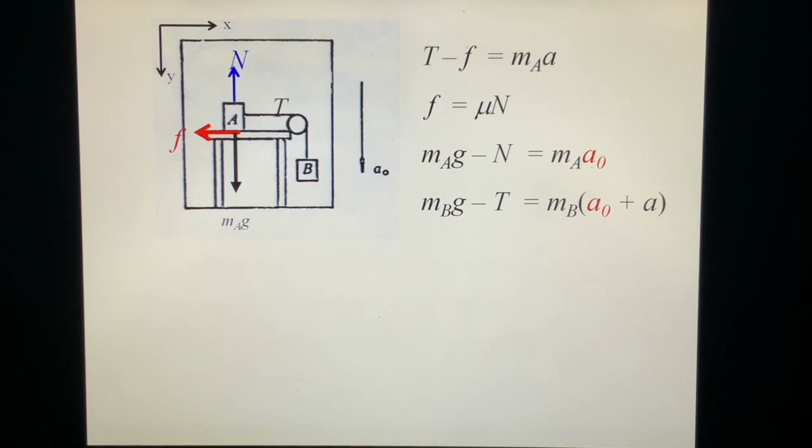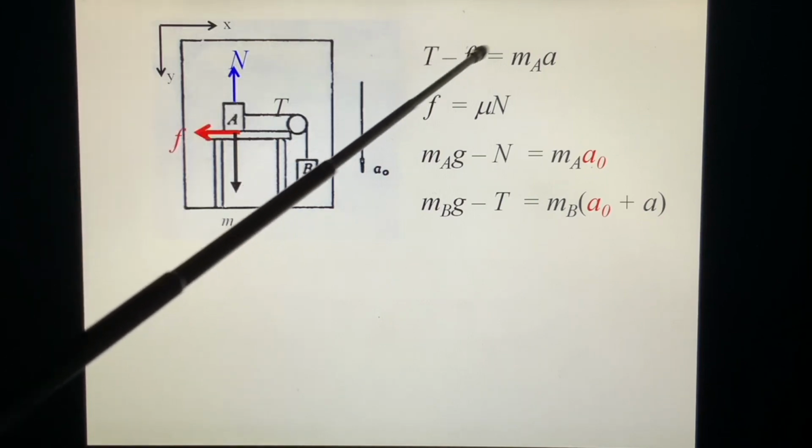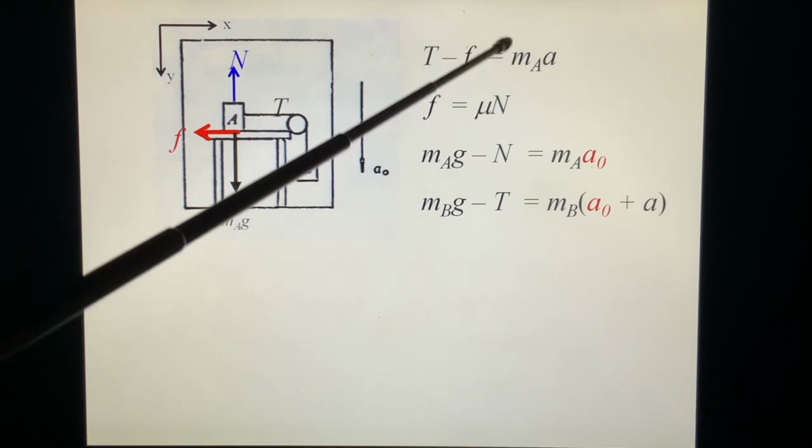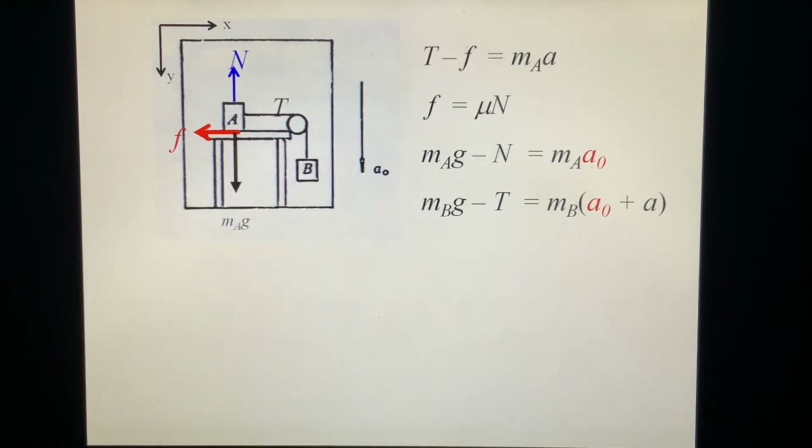Now we have 4 unknowns and 4 equations, so in principle we can solve the question. This is junior high school level, tedious, but not difficult.